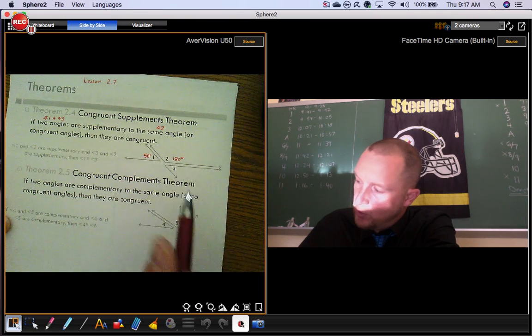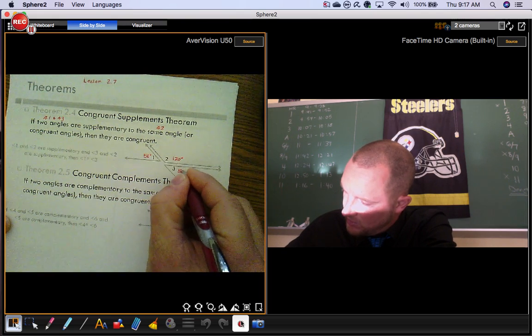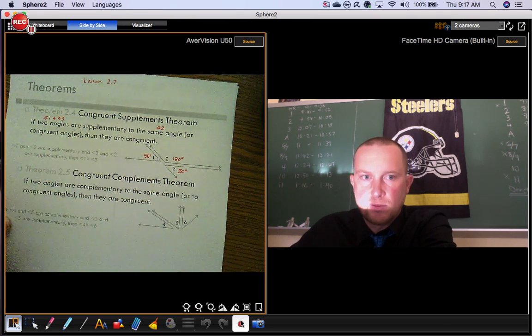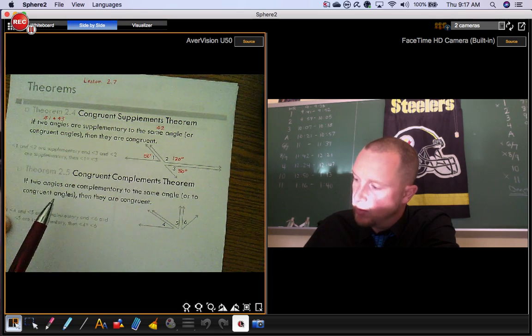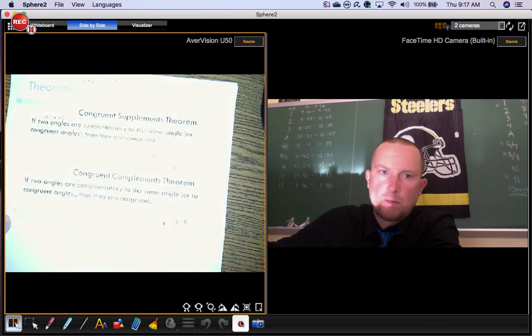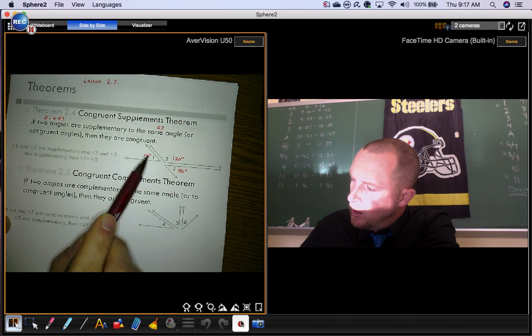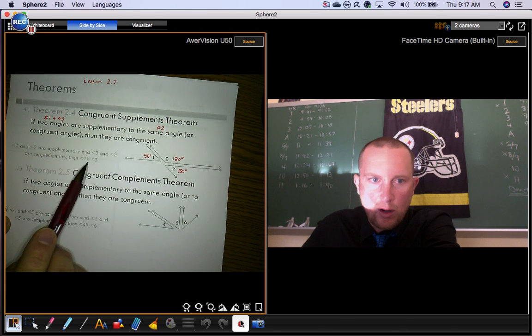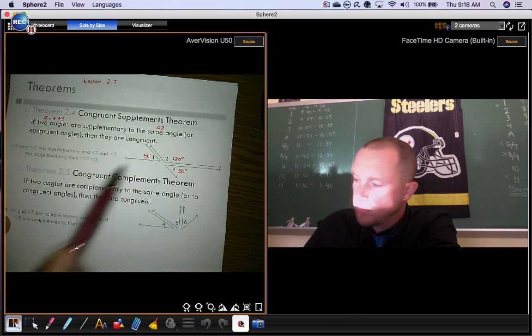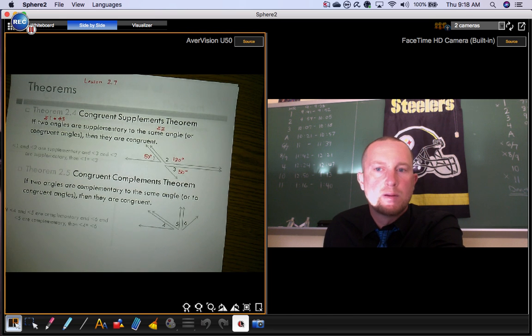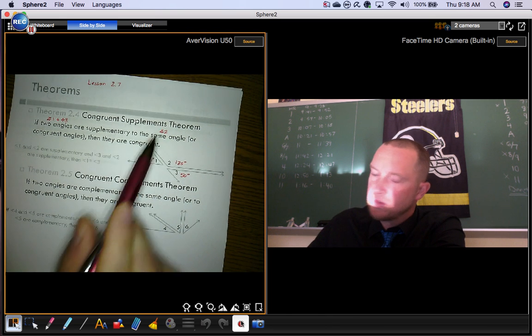So if angle 2 is 130 degrees, that means angle 3 is 50 degrees. Now notice what's happening here. Angle 1 and angle 3 are congruent angles, aren't they? They have the same measure. So this is what the congruent supplements theorem says.